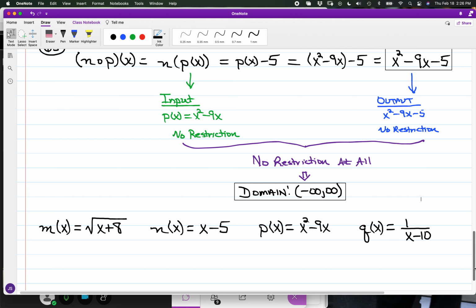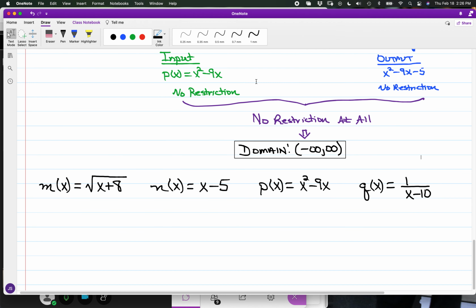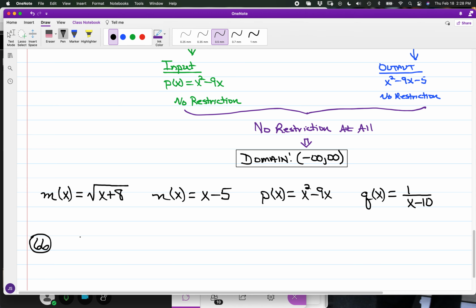So for 66, again, going back to the same set of functions, I have p composed with n of x.